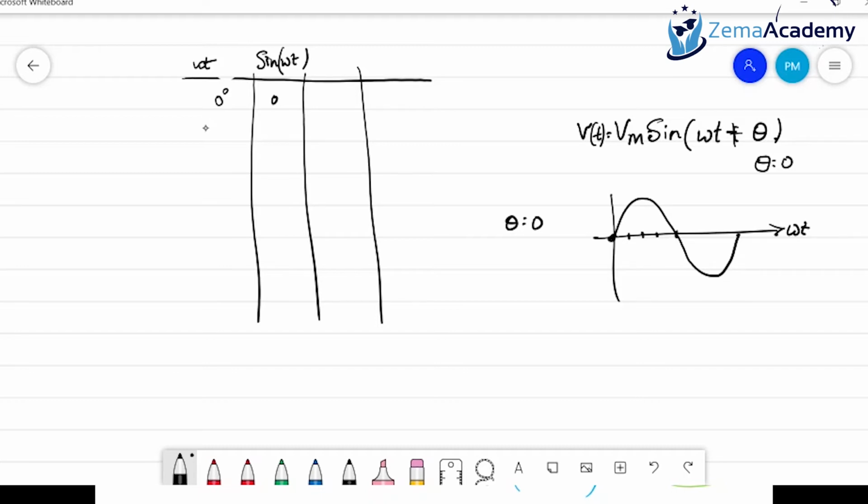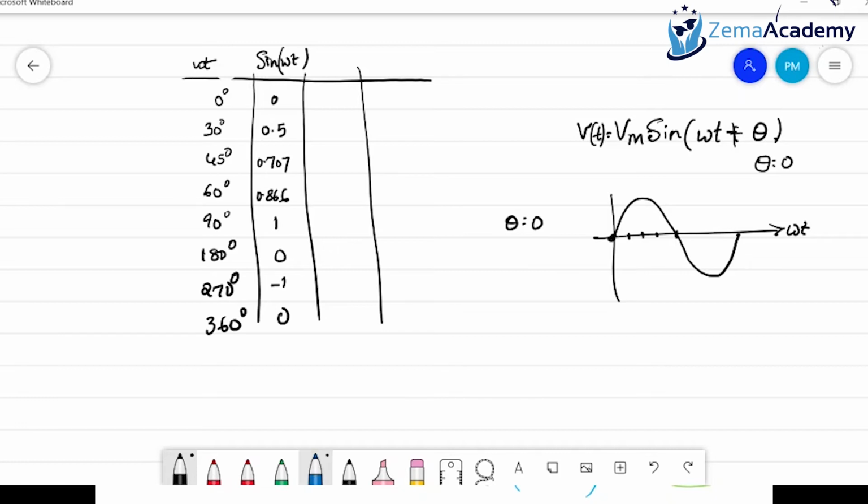You can do 30 degrees, 45 degrees, 60 degrees, 90 degrees, 180, 270, and 360. We all know these values easily: 0.5, 0.707, 0.866, and that's 1, 0, minus 1, 0. That's for a typical sine wave.